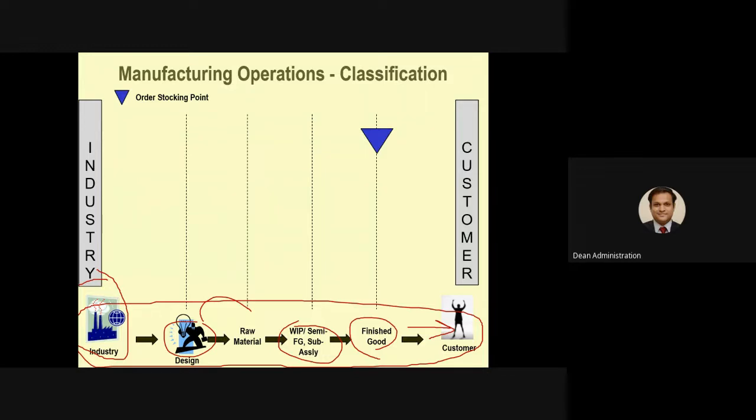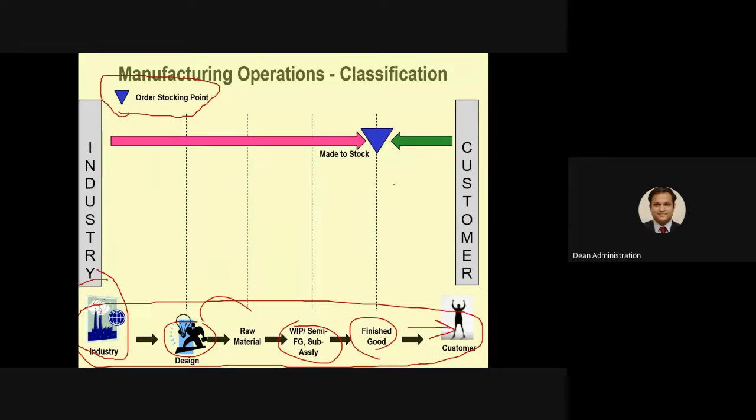Right? Now, in the supply chain, how do these various manufacturing strategies sit? How are they located? That is what we're going to see. Okay? So, what we have done here is call this term the order stocking point. I'll explain that in a bit.